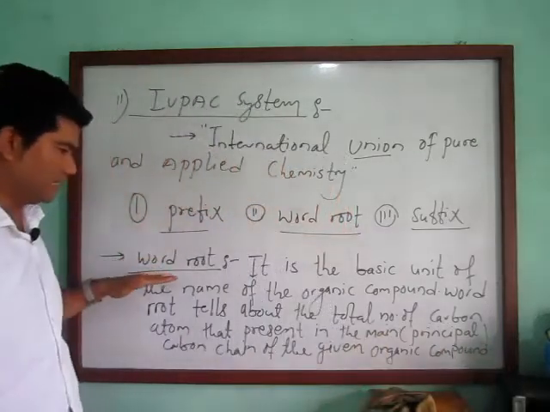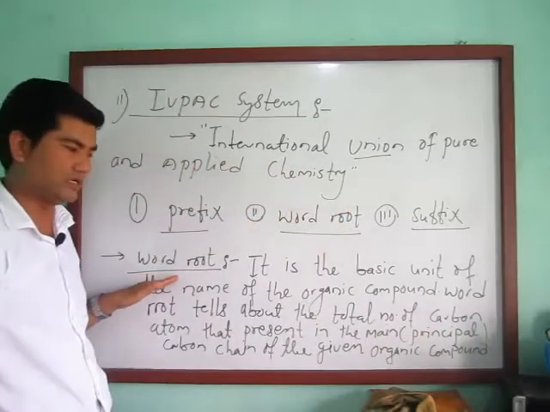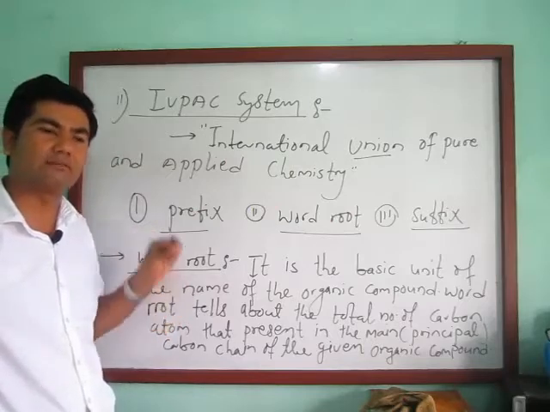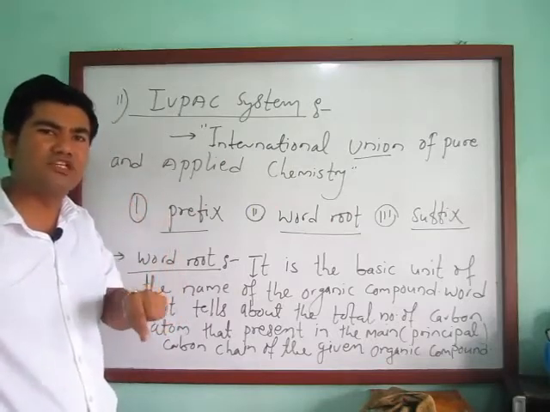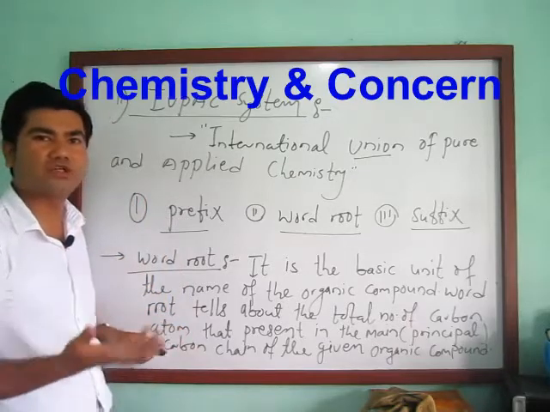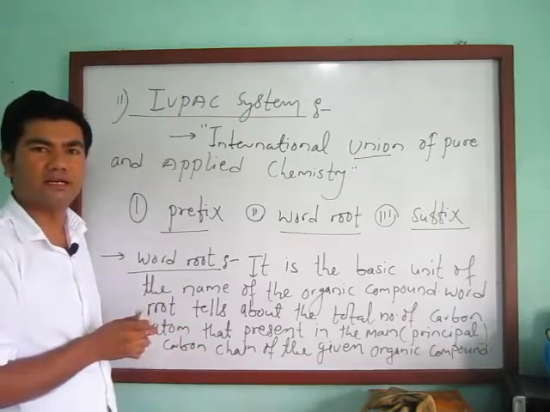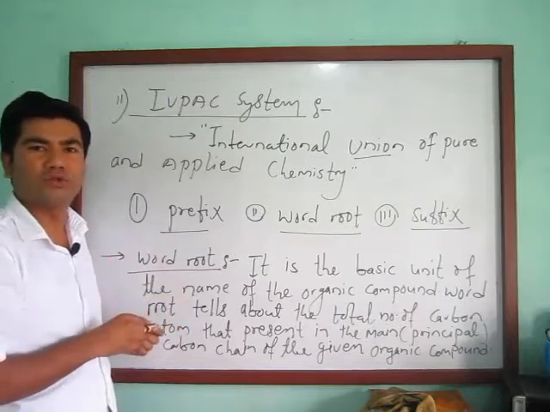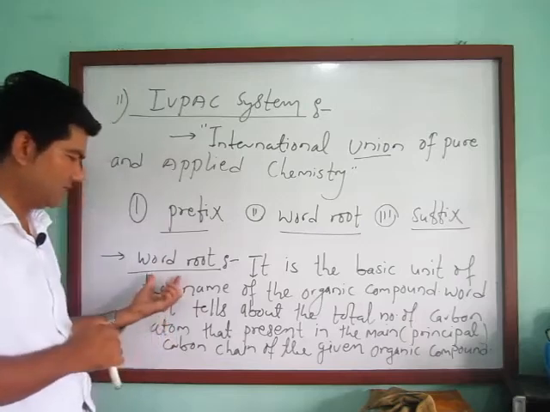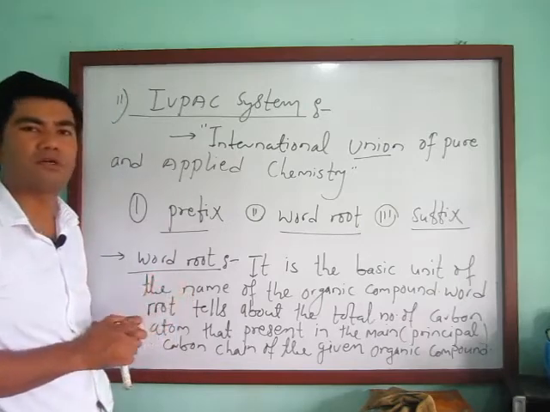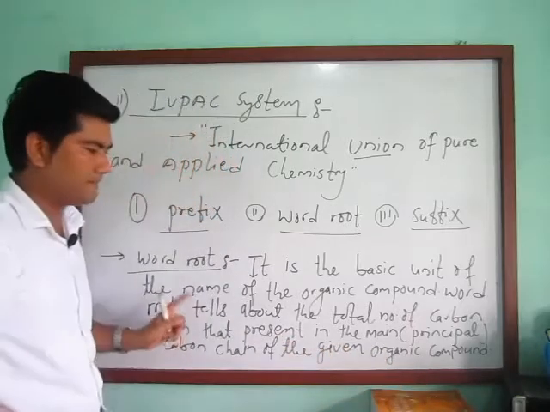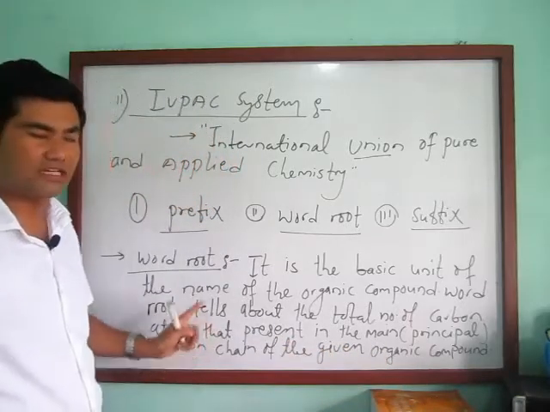Means there may be more than one or two chains in a single compound, but the word root gives the information about the total number of carbon atoms in the main chain of that organic compound.